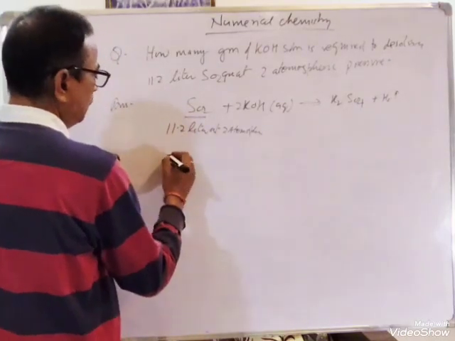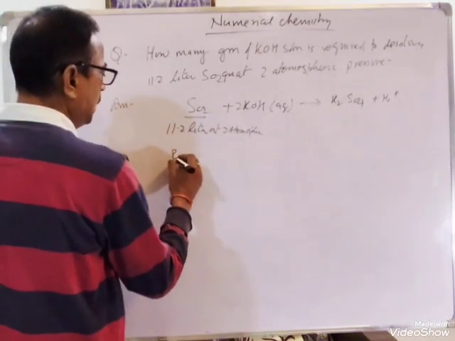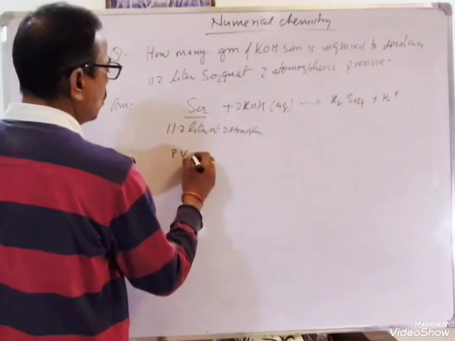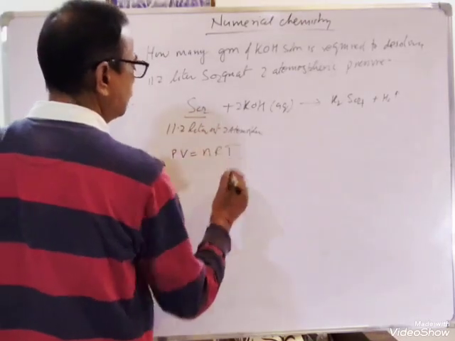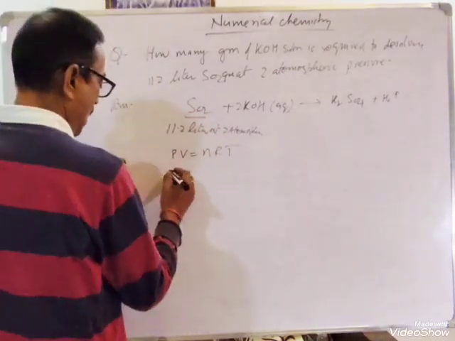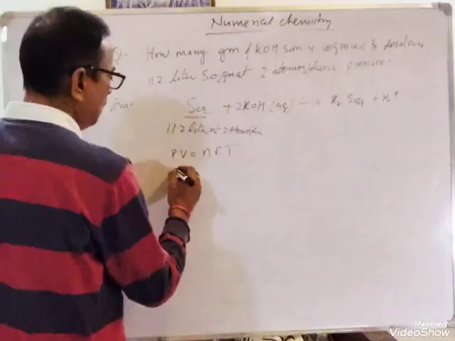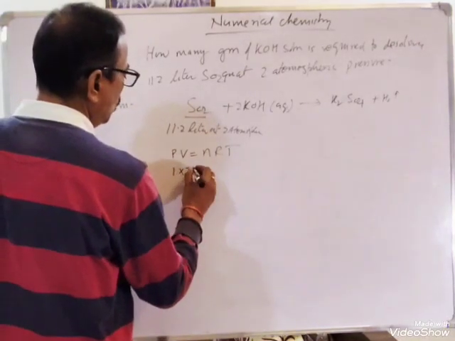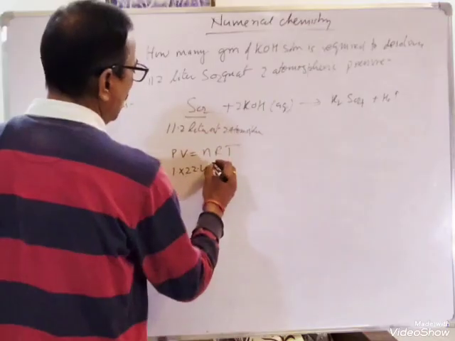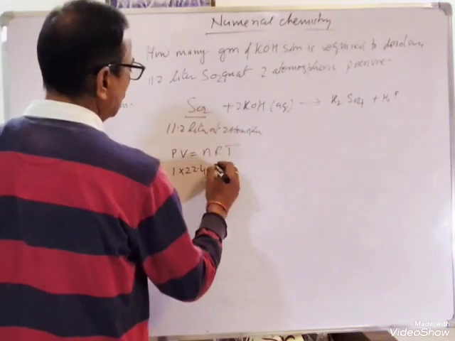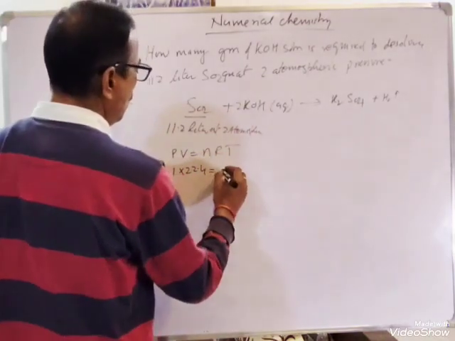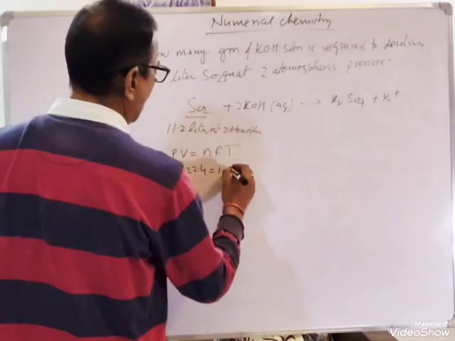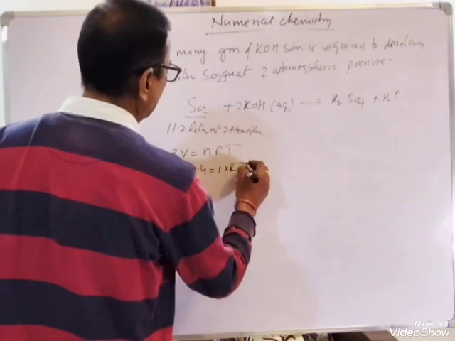For the number of moles, in the first case PV equals nRT. What is NTP? Pressure is 1 atmosphere, volume 22.4, number of moles 1, R, and suppose T is the temperature.